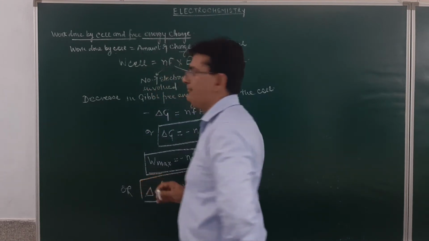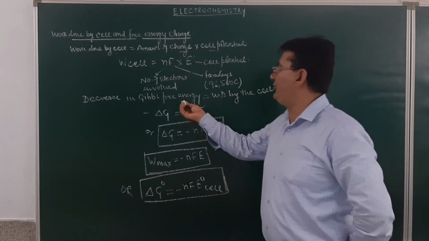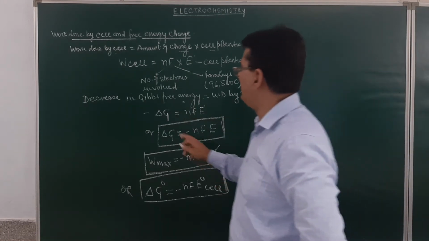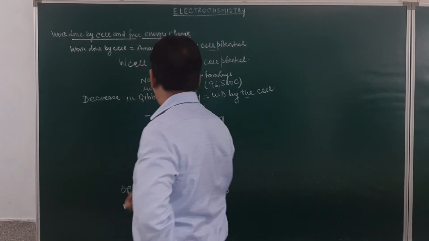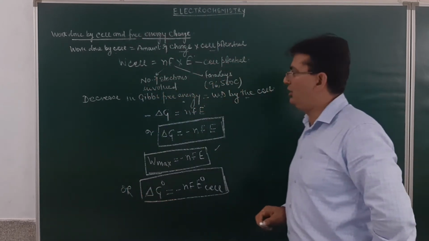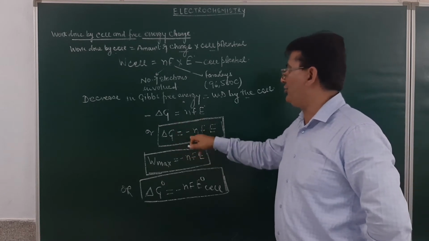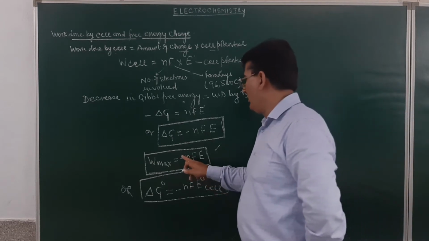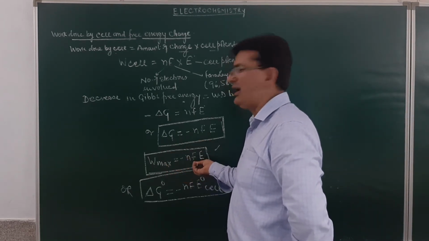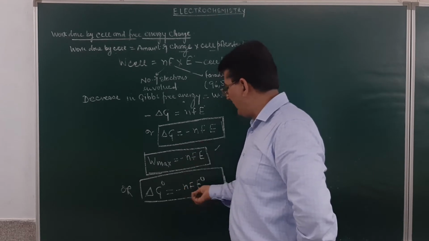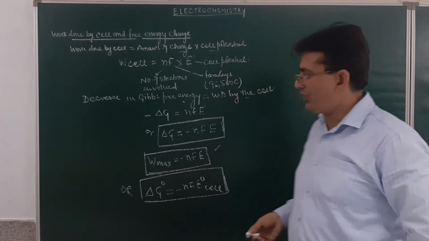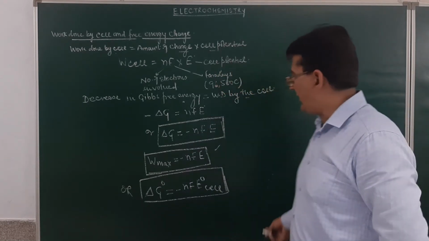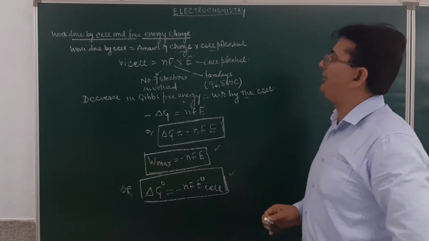N into F into E. Now we all know that any decrease in the free energy will be equal to the work done by the cell, or minus delta G will be equal to N into F into E, or delta G will be equal to minus N into F into E. If you want to find out the maximum work, it will be equal to minus N into F into E. However, if the changes are made at standard condition, the formula will be delta G naught equal to minus N into F into E naught cell. So this is another concept in the syllabus which we will be utilizing.